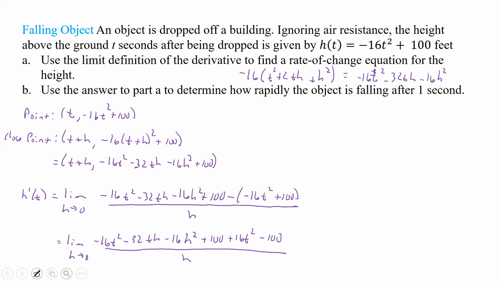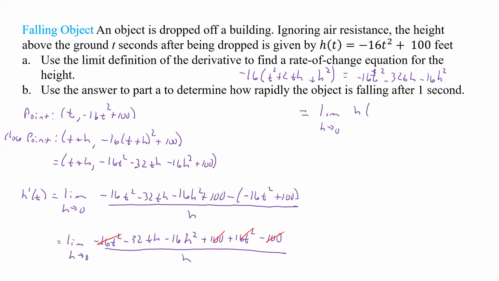all over h. Now, what cancels? Well, we have a plus and a minus 16t squared and a plus and minus 100. And so let's go up here and say, okay, well, that's equal to, now we have, both of those have an h in it. So let's pull out the h.